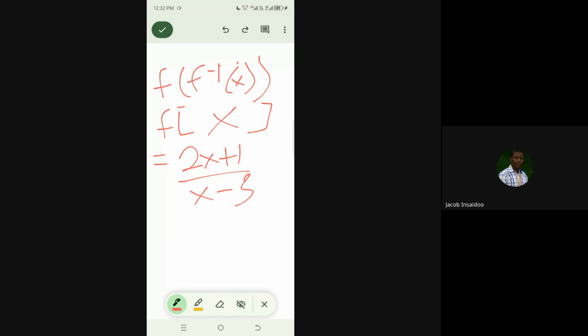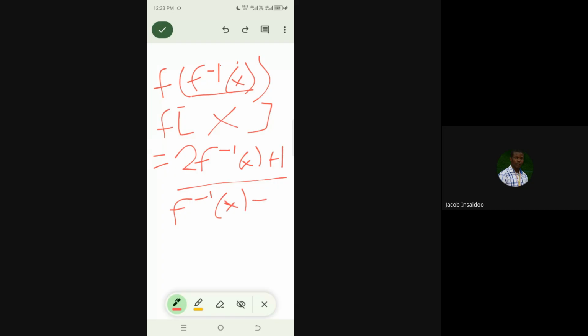In this case, wherever we see x, but here it is f inverse of x. So wherever we see x, we will now put f inverse of x there: 2 times f inverse of x plus 1 all over f inverse of x minus 3. Is it clear? Yes, please.